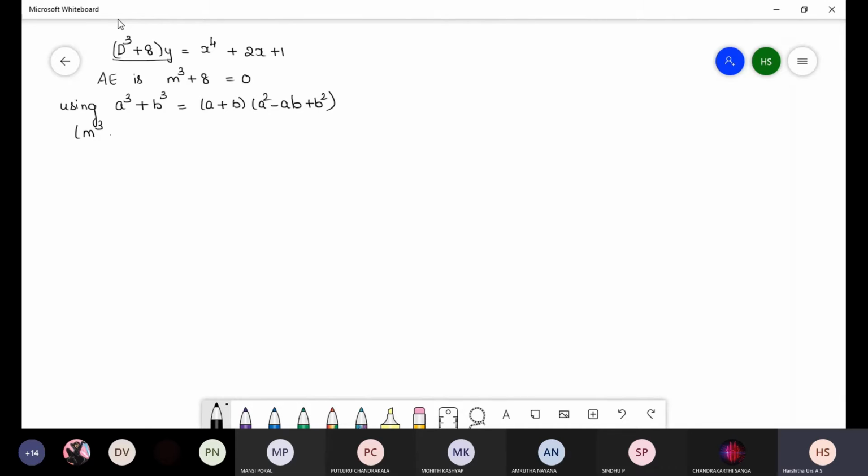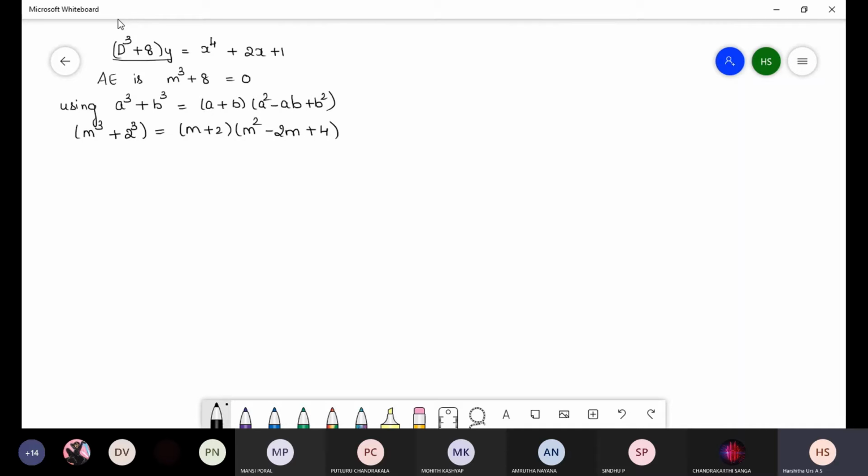So same thing we have to write for m cube plus 8, that means 2 cube, that is equal to (m plus 2)(m square minus 2m plus 4). Here b value is 2 and a value is m, so here it will become 2m plus 4.